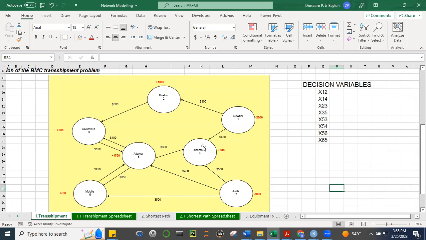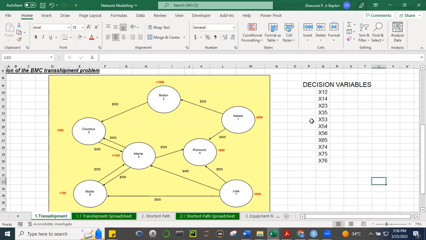We're only looking at the inflows, because when we count the inflows, you're already counting the outflows. So X65 and then X74, X75, and X76. There you go.